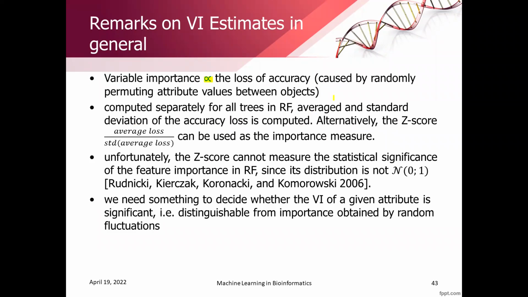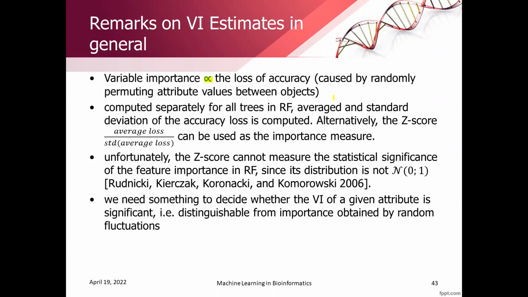This can be computed in many different ways. There are many algorithms which say that they compute variable importance using a permutation measure, but it is done differently, so there are slight differences in the algorithms.